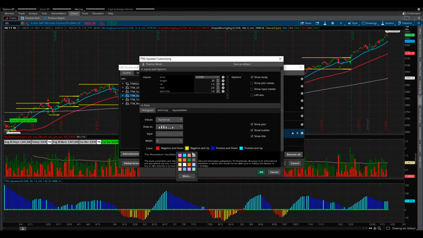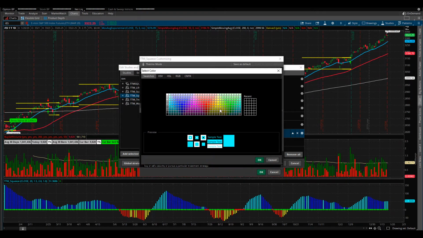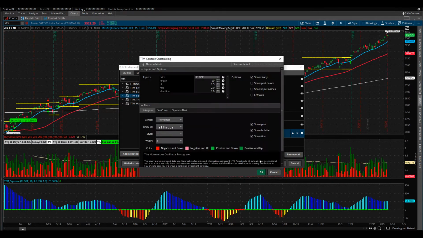So negative down red, negative and up, I like to do a little bit pink, positive and down, and this one a little bit darker.